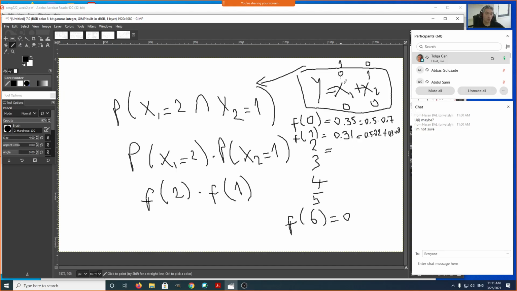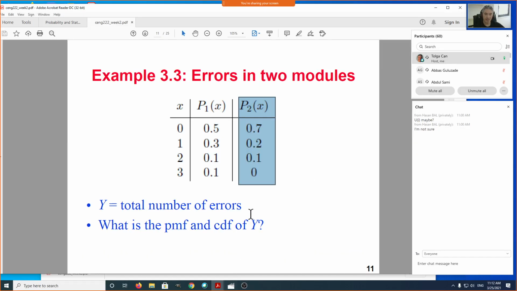It could be 1, 1, or 2, 0, or 0, 2. These are all the cases where you can obtain it. Like this, you're going to find those individual probabilities and find the probability mass function of y. By adding up those individual probabilities, you can obtain the cumulative distribution function.